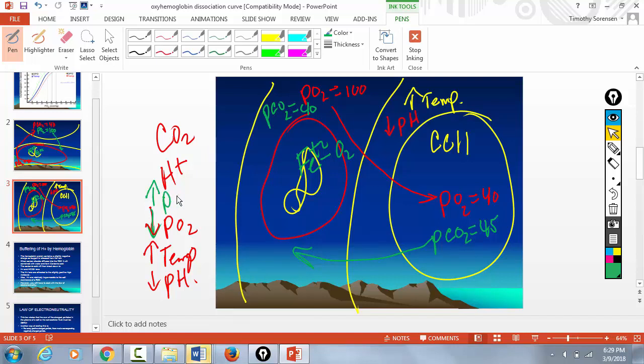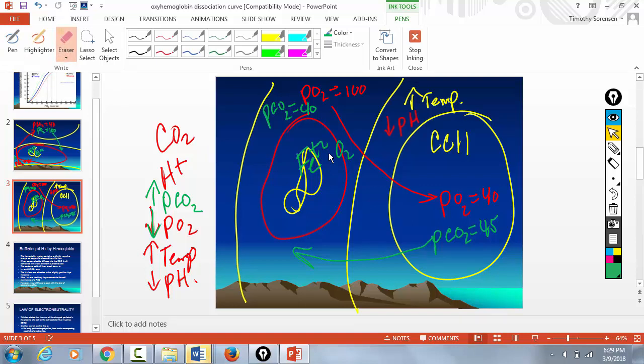So what are the conditions you have at the cell? High PCO2, low PO2, increased temperature, and a lower pH. All of those will change the shape of hemoglobin, and it will prevent oxygen from binding to the iron.